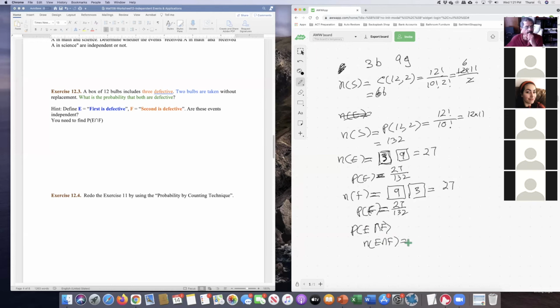They have to be both defective, and there are three defective ones. So the number of ways of getting both defective is the number of ways of selecting two from 3, so that would be C(3,2).